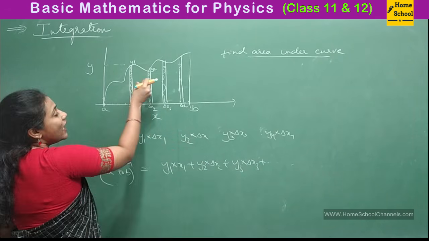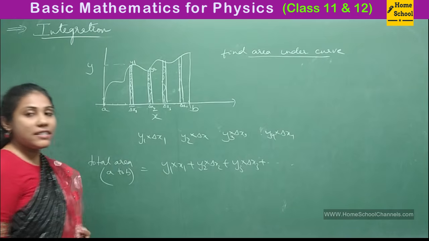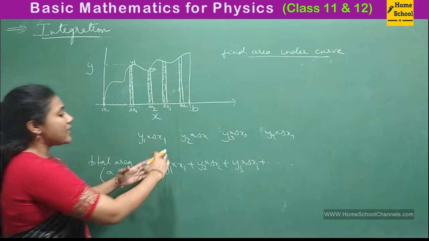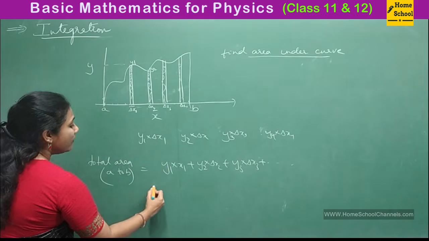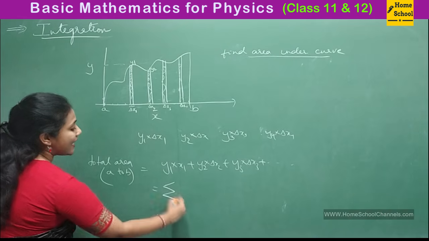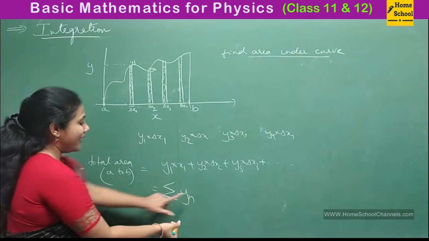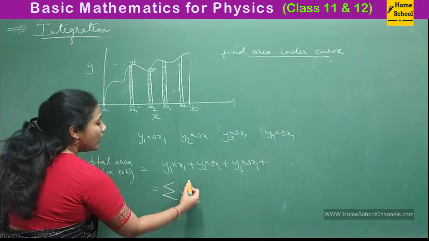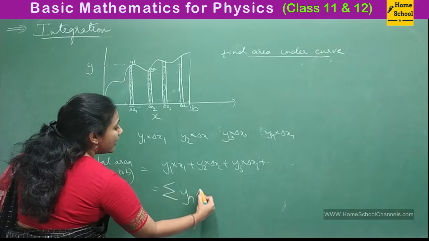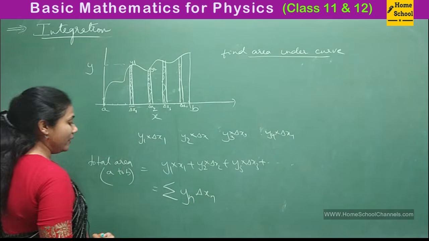Like that I can join the areas of small rectangles and go on. So a sum of so many things. How can we represent it? We can represent it as a summation. Summation of yn, where n can be 1, 2, 3, 4 and so on, yn into delta xn I can write.